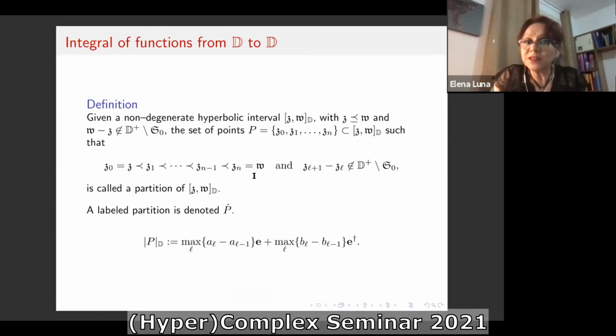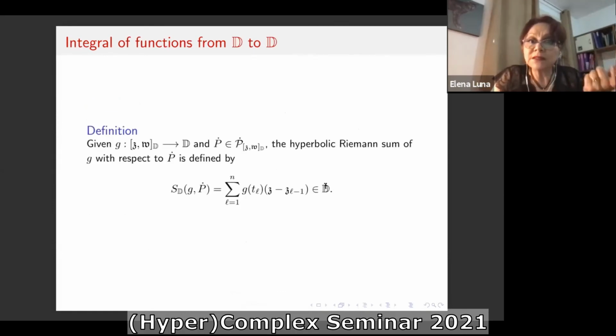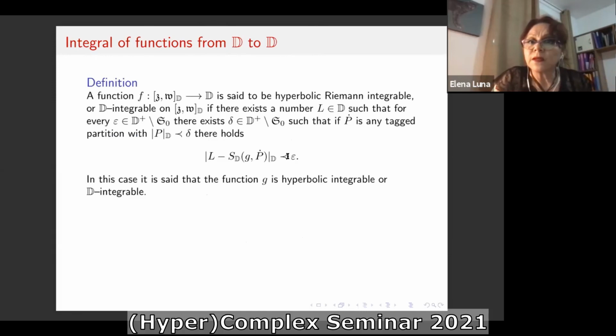And this definition is the starting point to define the Riemann sum, because if now we have a function defined in the given interval, and the values of the function are hyperbolic, then with the elements that I have given, we can define the hyperbolic Riemann sum. And then we can give the definition of the hyperbolic Riemann integral.